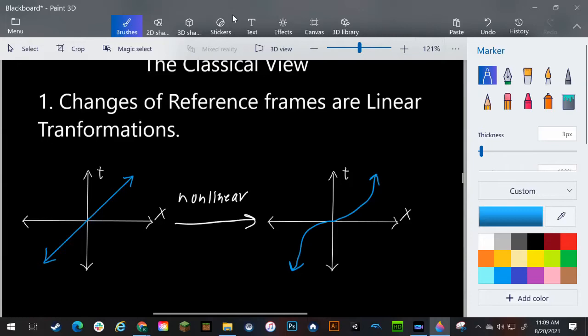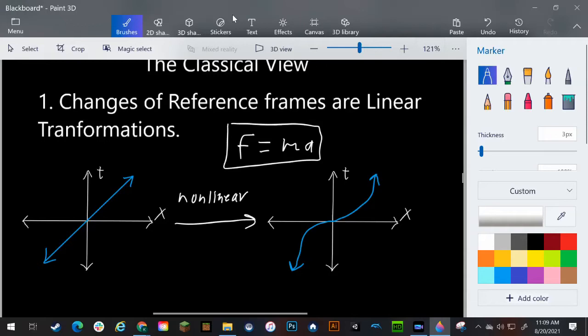A changing velocity is an acceleration, and because of Newton's second law, that force equals mass times acceleration, that means we now have a force in this second inertial reference frame that we didn't see in the first inertial reference frame.